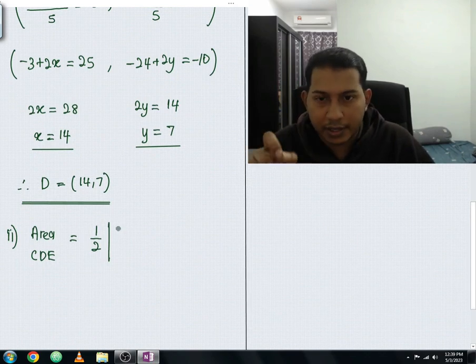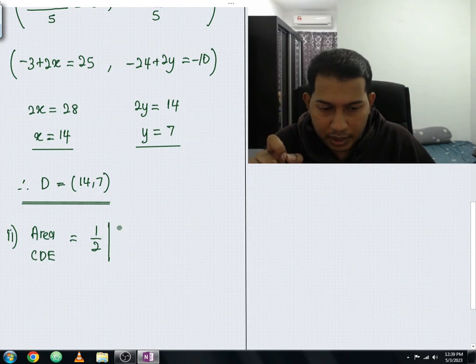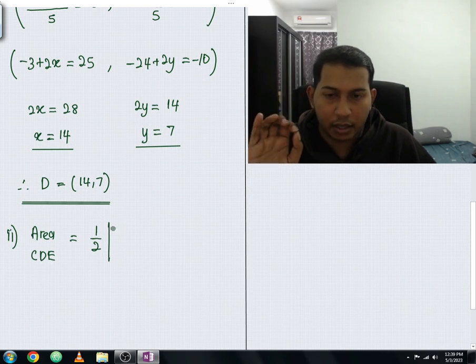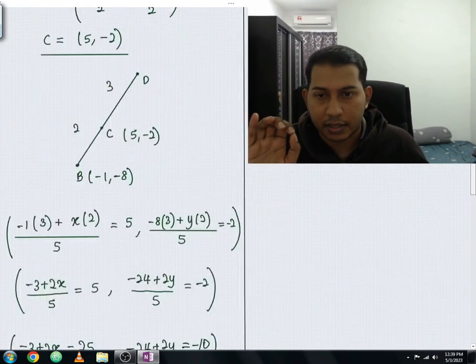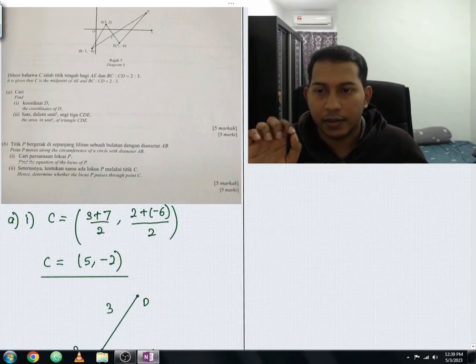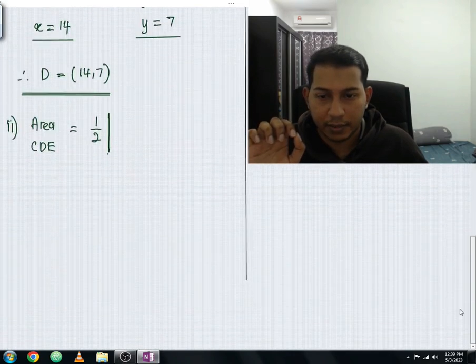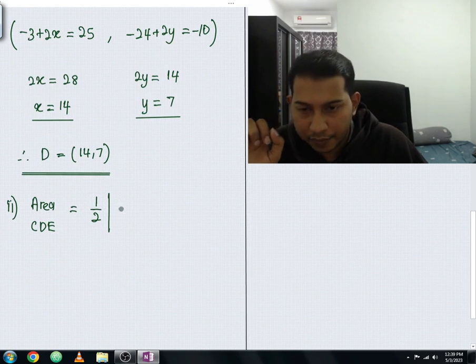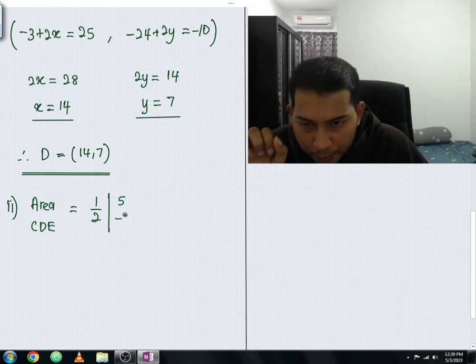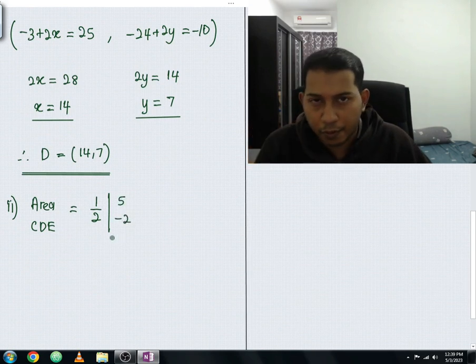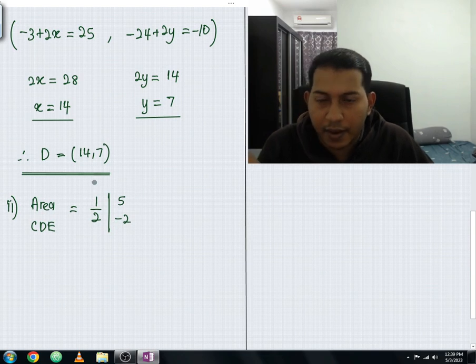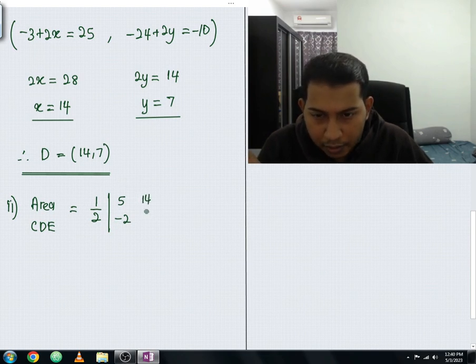Let us start with the coordinate C, which in this case is 5 comma negative 2. Move on with the coordinate D, which we found just now, 14, 7.